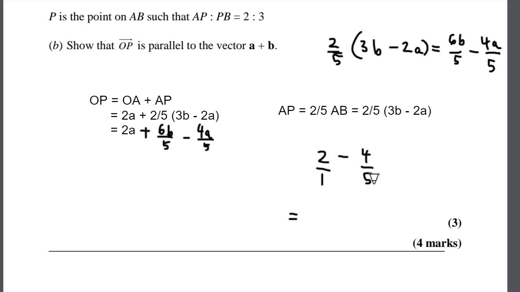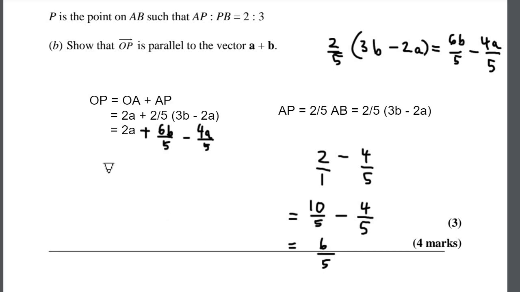We need to convert 2 over 1 into an equivalent fraction with the same denominator 5. If we put a 5 in the denominator, we multiply by 5, so we need to multiply the numerator by 5 as well. So 2 over 1 becomes 10 over 5. Now that we have the same denominators, both 5, we can subtract the numerators, and that gives us 6 over 5.